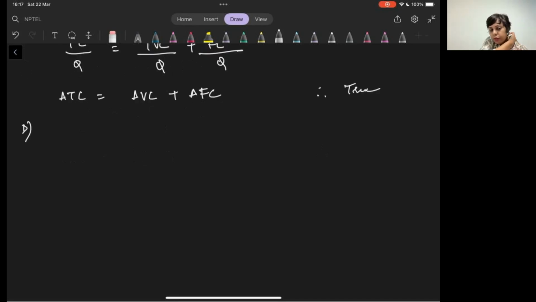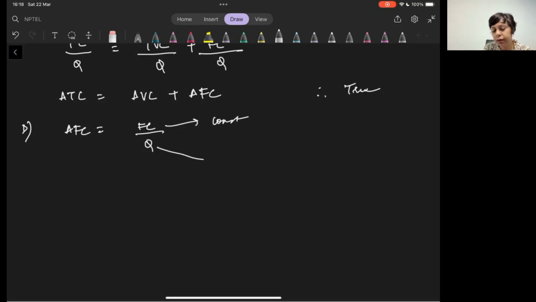D, average fixed cost is always declining with quantity produced in the short run. So now we just wrote the expression for this. Average fixed cost is what? Fixed cost by Q, right? Now fixed cost is a constant number, right? This is a constant.